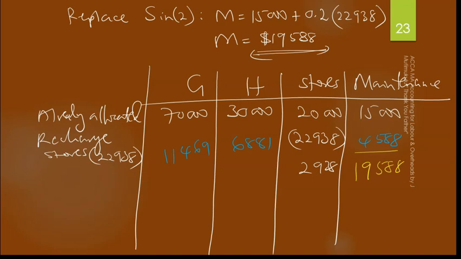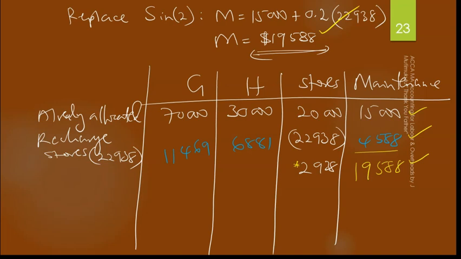Okay, and one thing I like about the algebraic method is that all the figures will be coming back as they are, such that even if you forget, for example, for the stores, to just deduct 20 minus that one and get this amount, you could as well get this amount through reapportionment, as you will see. So here if we add this figure and this figure, we get this figure which is equal to that figure. That's the value of m.